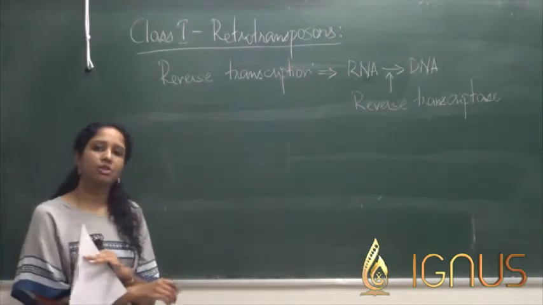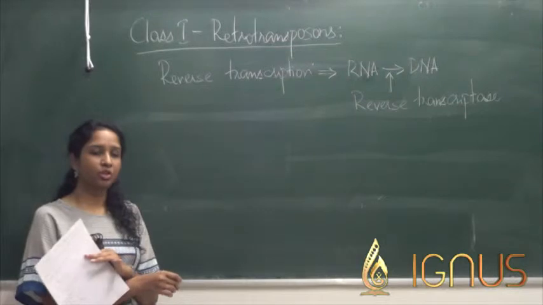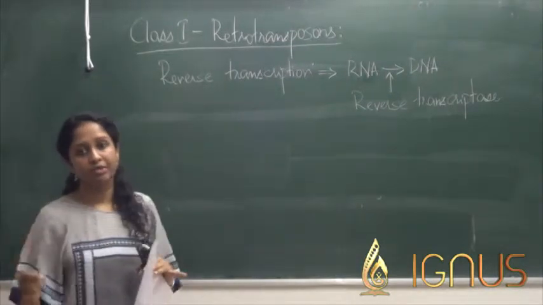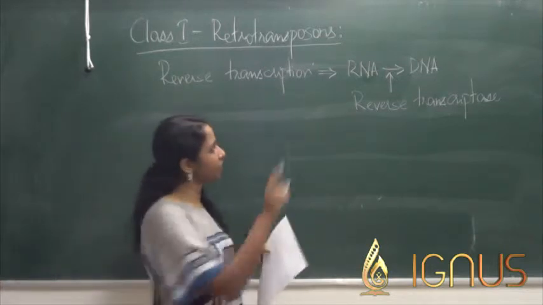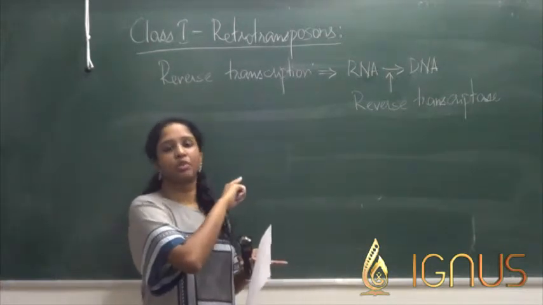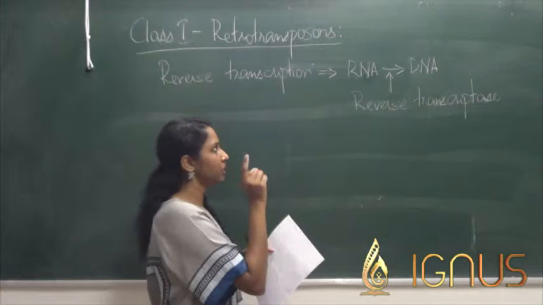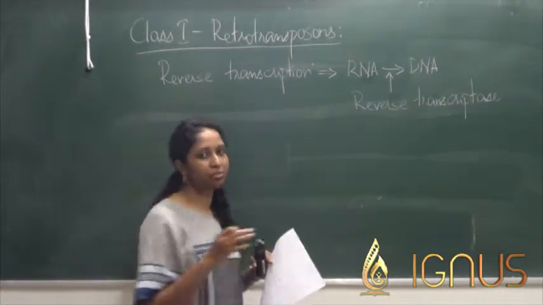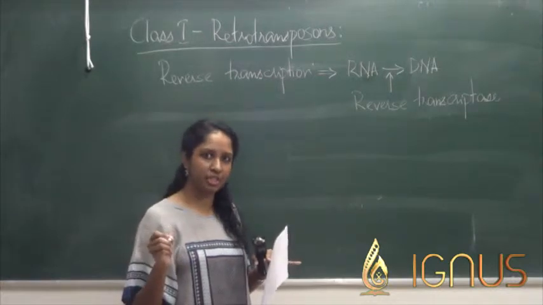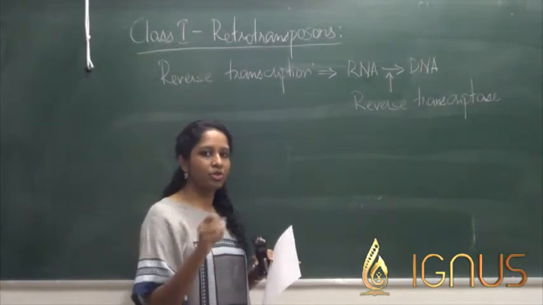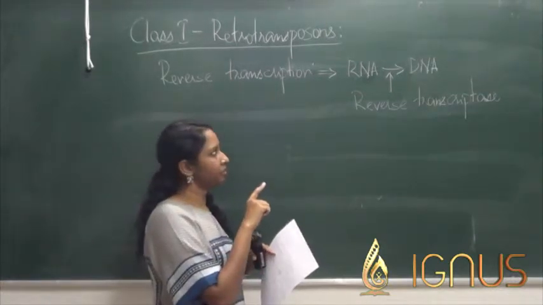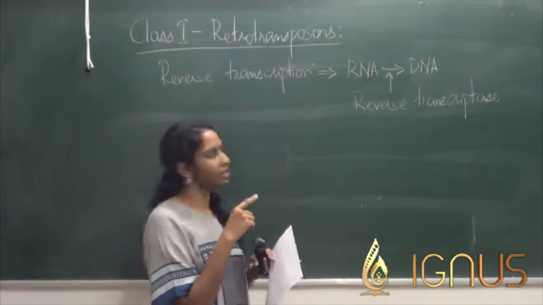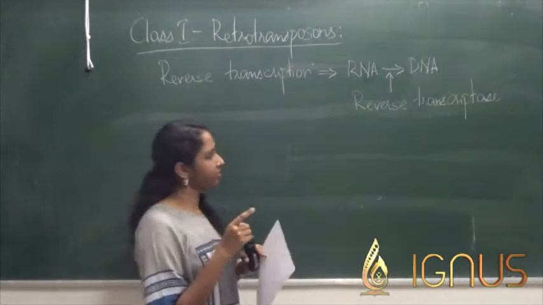Now retrotransposons move from one location to another location through the process of reverse transcription. Reverse transcription is a process by which an RNA can be converted to a DNA. Now you know that RNA and DNA are two different kinds of nucleic acids, and they are different based on the kind of sugar that is present in them, and also the thymine nucleotide which is there in DNA as opposed to the uracil which is there in RNA.